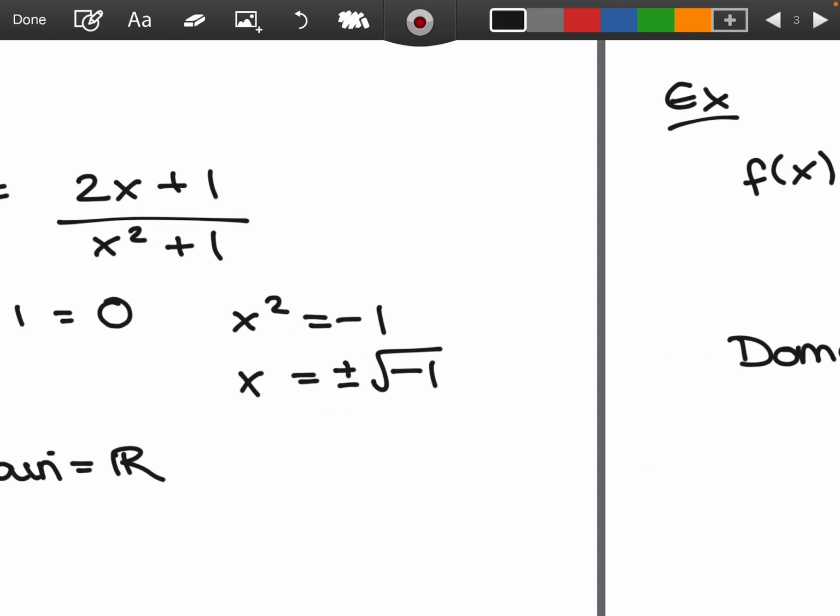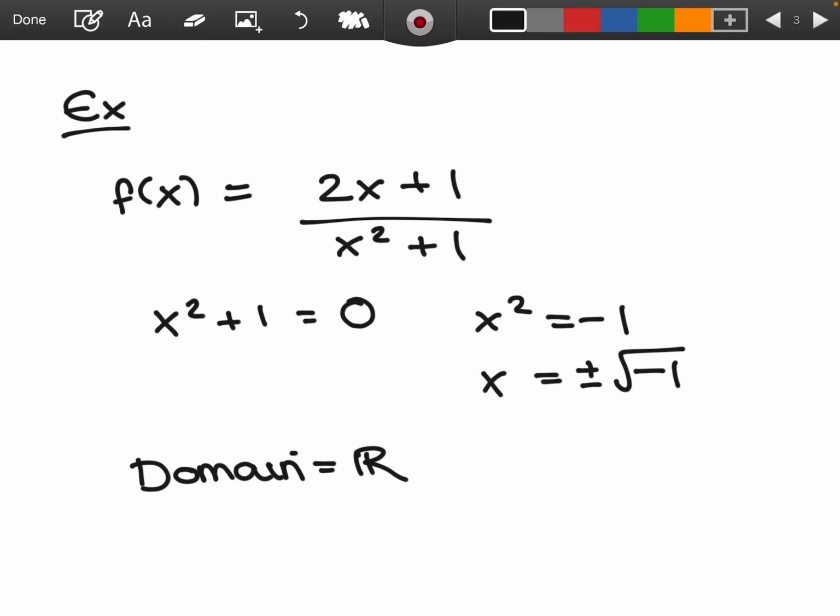Okay, let me come back to another function. Let's say this function that we have here. If I set this function equal to 0 to try to find those x-intercepts, so if I said (2x + 1)/(x squared + 1) equals 0, because I was trying to find my x-intercepts here, so I set y equal to 0.